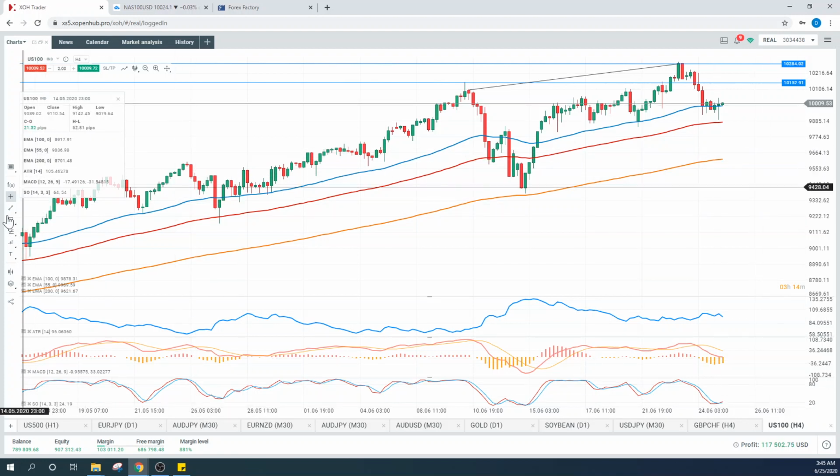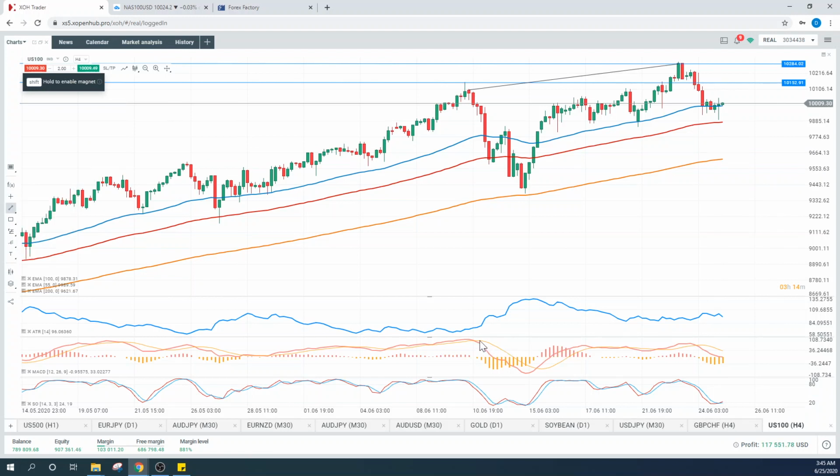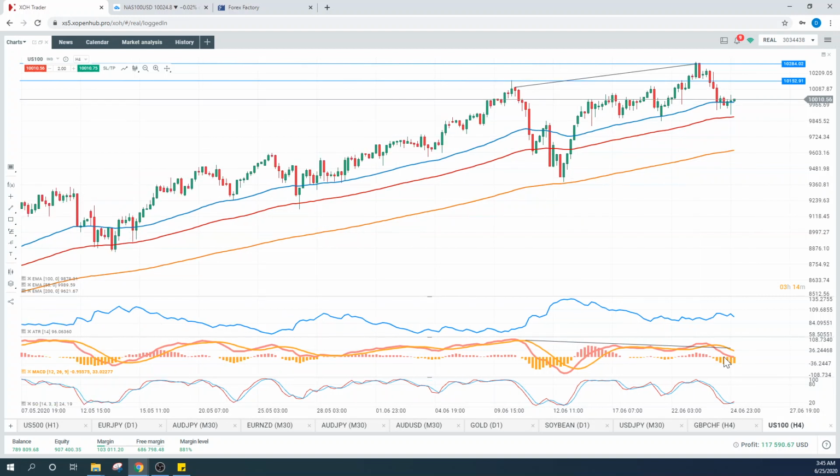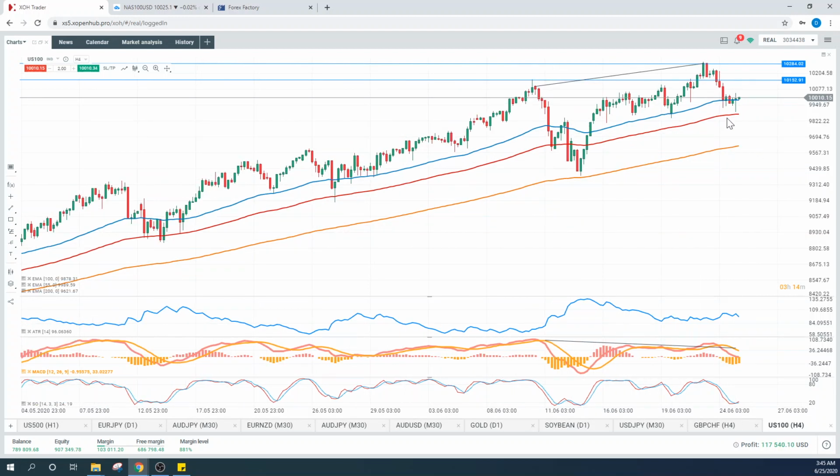What it means for us is that the MACD is starting to change direction, getting close to the zero level, the central line, which is the first signal of buy pressure on Nasdaq.